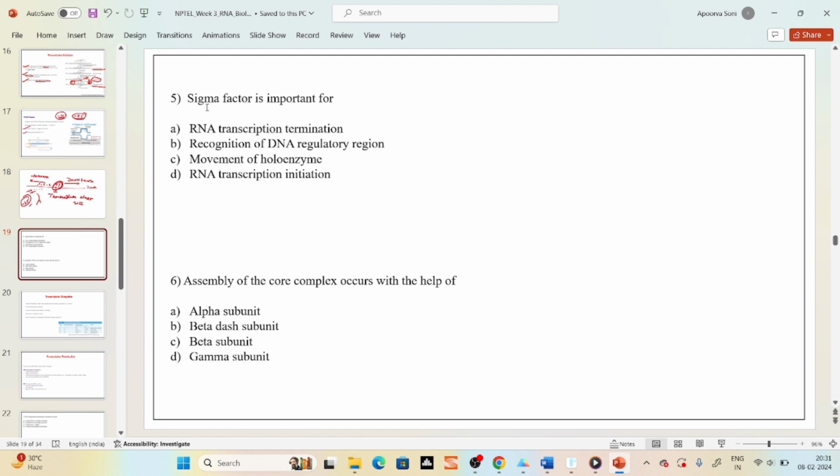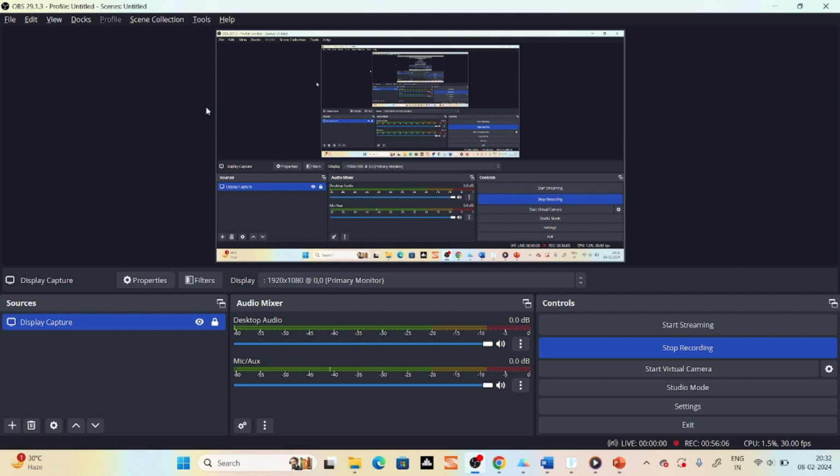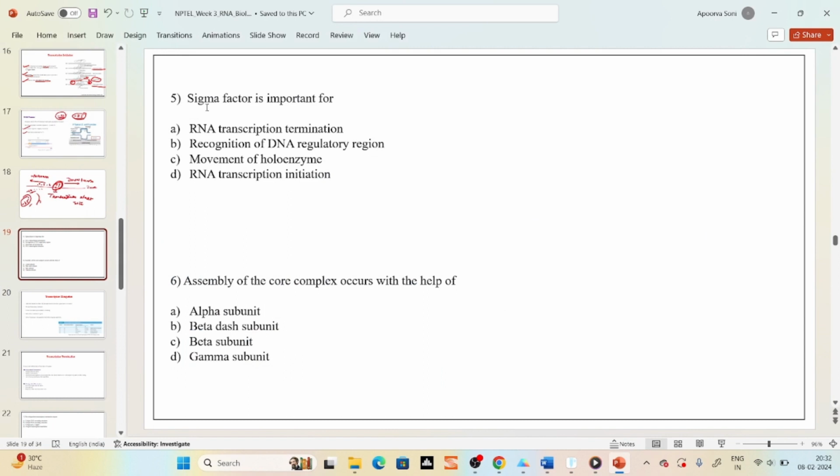We have just studied about it. So the correct answer is RNA transcription initiation. Sigma factor is responsible for it.